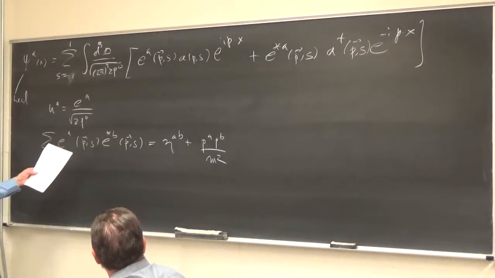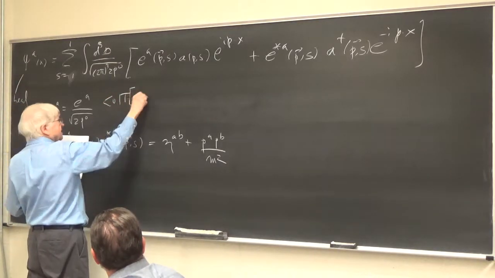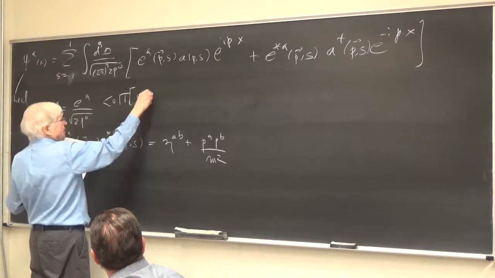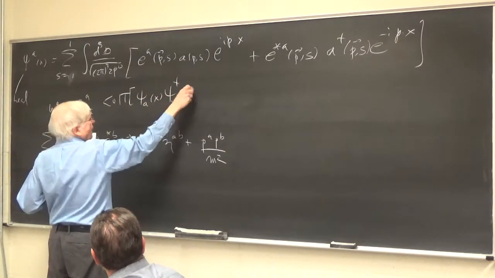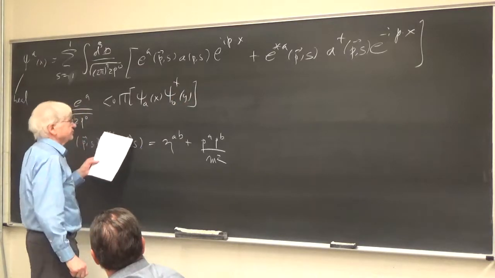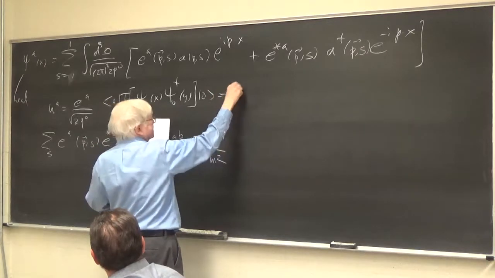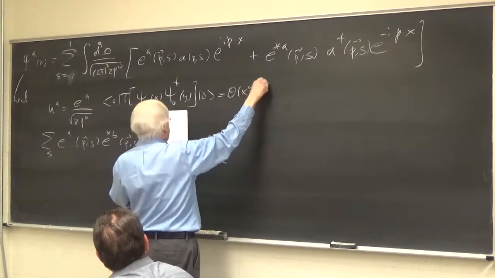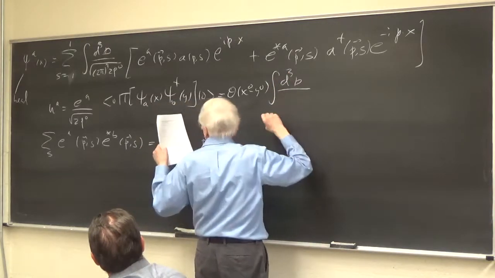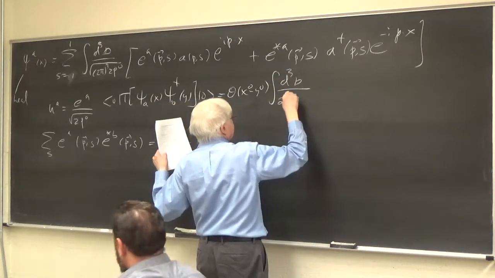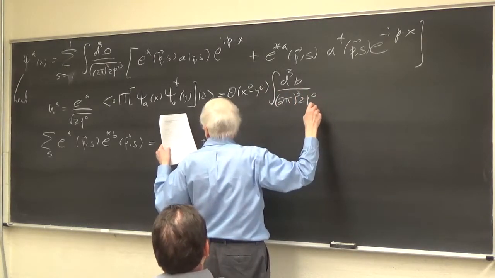And as a result, then, the vacuum expectation value is the time-ordered product of, now I'm lowering them, psi_A of x, psi_B dagger of y. It's theta of x0 minus y0, integral d³p over (2π)³ 2p0, eta_AB plus p_A p_B over m squared, e to the i p·(x minus y).